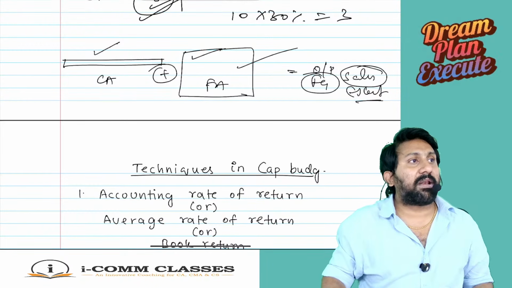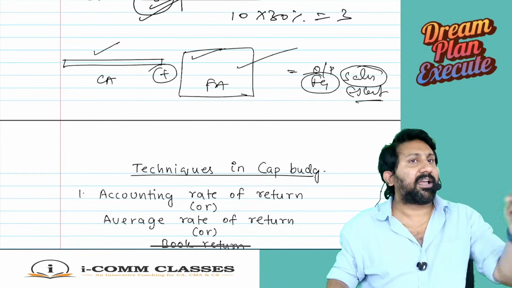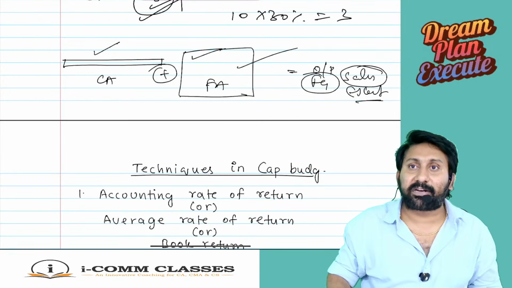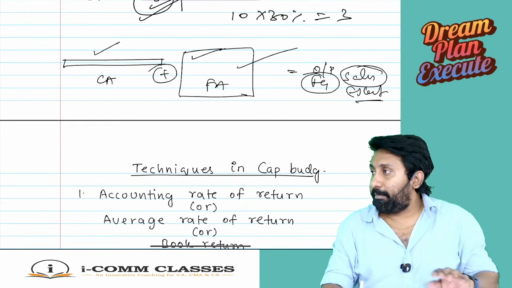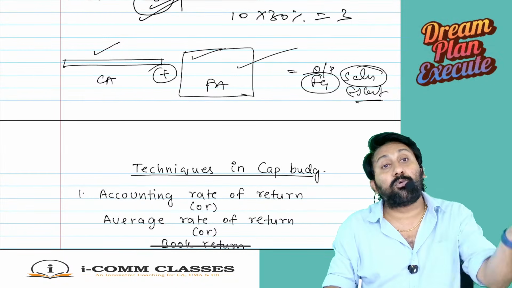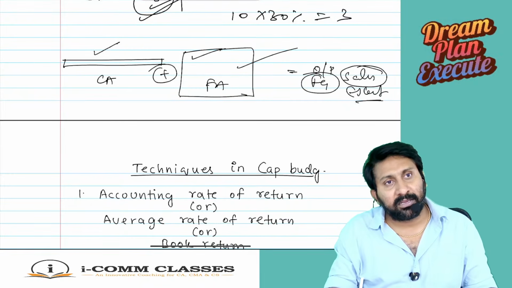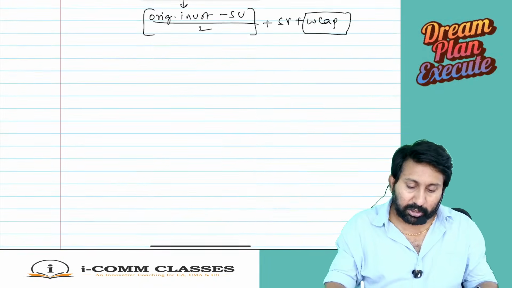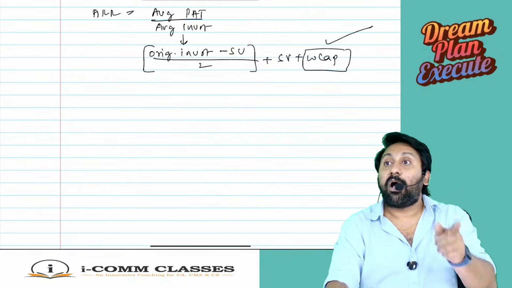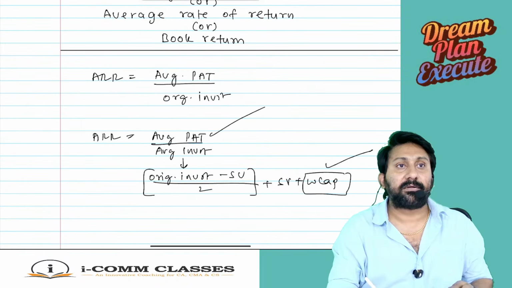You will buy the machine once in 5 years, but raw material every day. That's called working capital. You won't invest in sugarcane once, you will invest throughout the project. That amount will also be added because you are investing in current assets along with fixed assets. All of them together give profit.